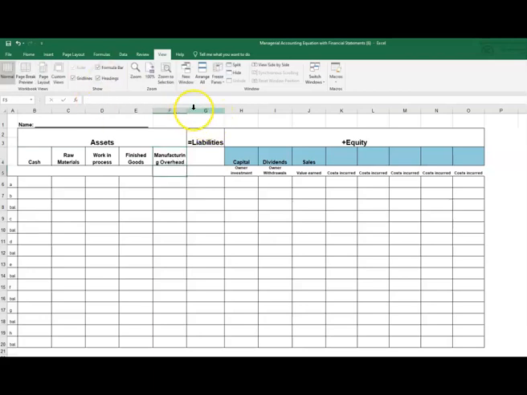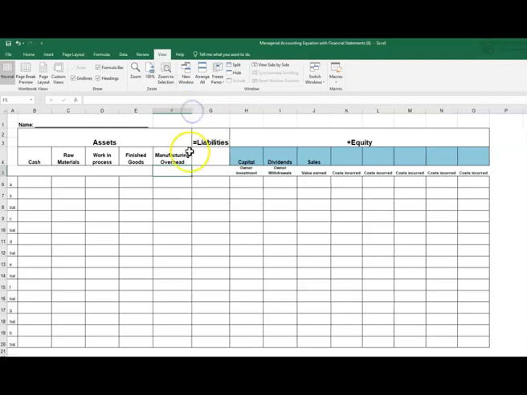We may have some more later, so I'll add spots as I need to. All right, and then our liability is called accounts payable. That's things that we owe. So these are all things that we own that will benefit us for longer than a month. And these are things that we owe.